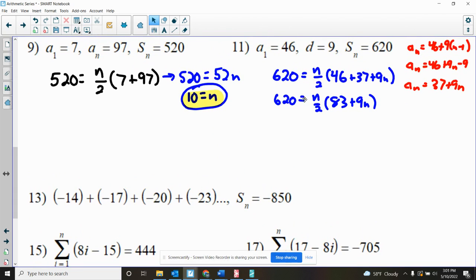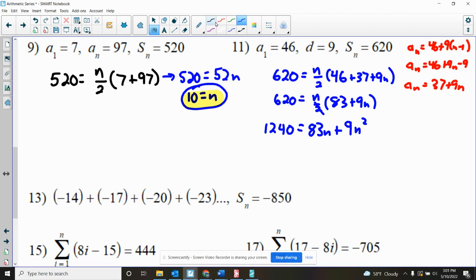That said, let's multiply both sides of the equation by 2. So over here, that's going to give me 1,240. And then over here, the divided by 2 just goes away. Distribute the n through the parentheses. So 83 times n plus 9n squared. This is a quadratic equation.